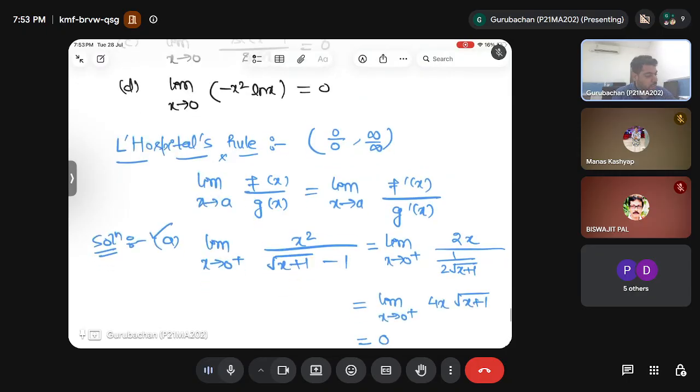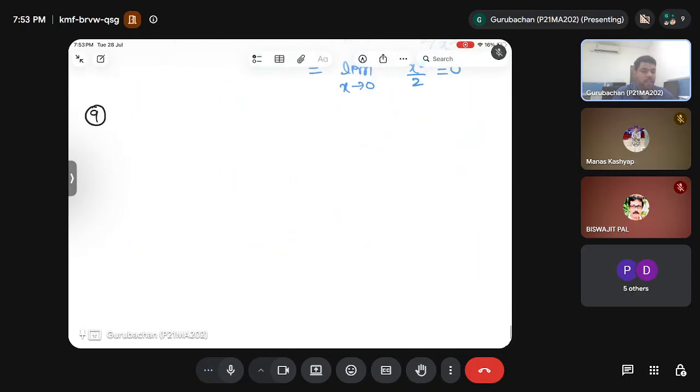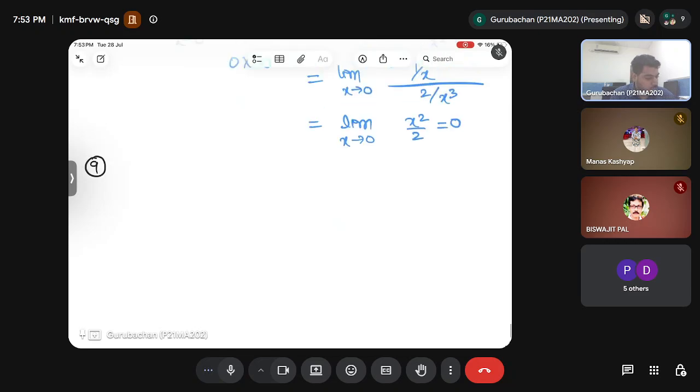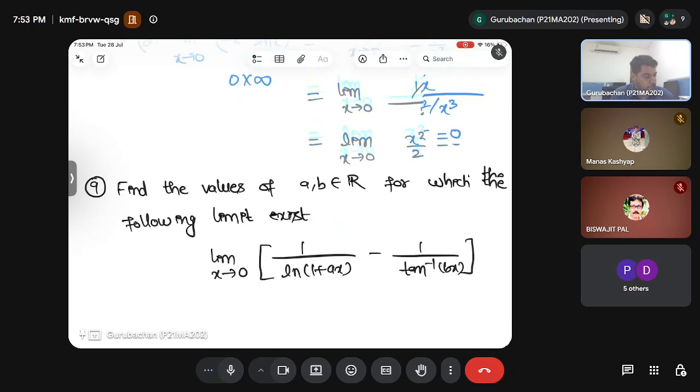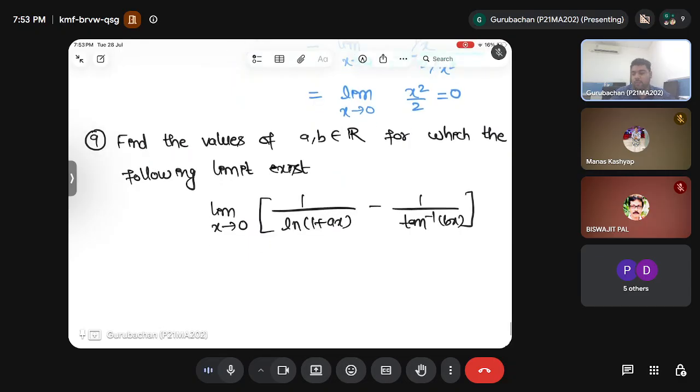So we need to find the suitable values of a and b such that our limit exists. Try this one. You just need to identify the indeterminate form, then apply L'Hopital rule appropriately and tell me the values of a and b quickly.